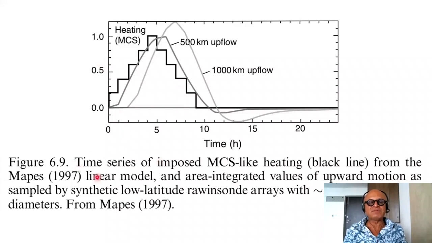This is from Brian Mapes, the time series of imposed mesoscale convective system like heating in the black line here, a linear stepwise distribution from Mapes's linear model and area integrated values of upward motion as sampled by synthetic low latitude Robinson arrays with 500 and 1000 kilometer diameters.